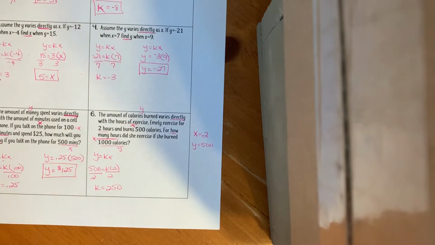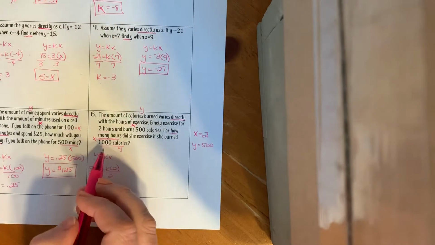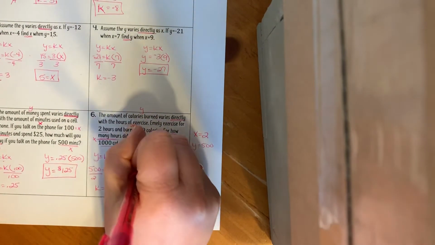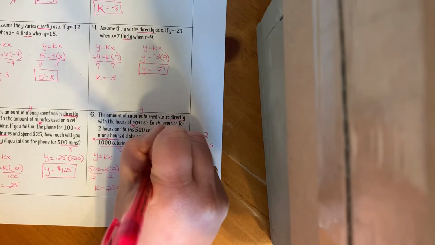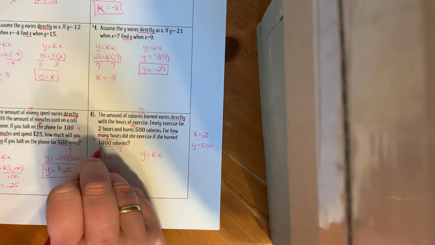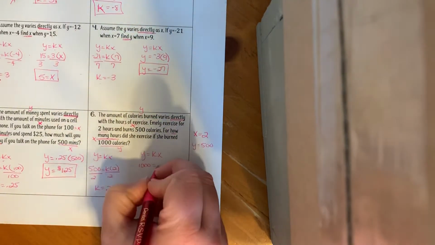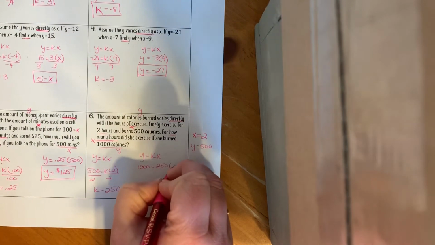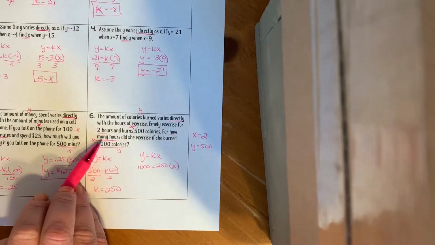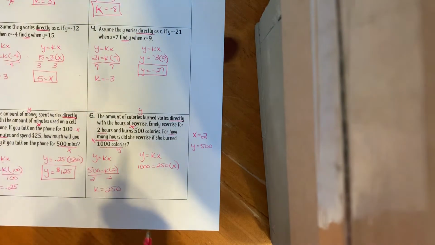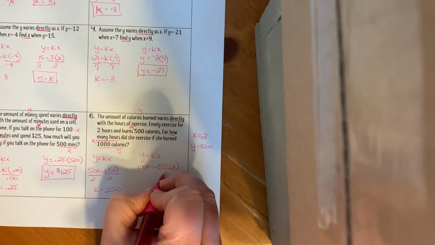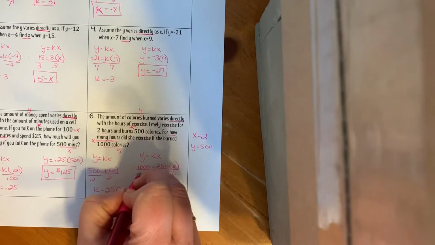So how many hours did she work out if she burned 1,000 calories? So using the equation y equals kx, y is going to be 1,000. K we just found to be 250. We're trying to find x. We're trying to find how many hours she worked out. So divide both sides by 250.